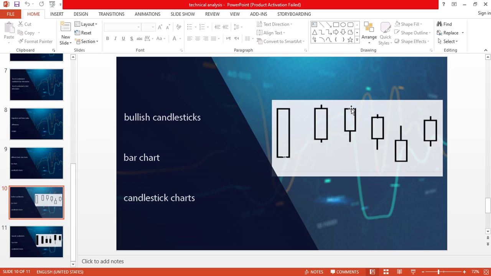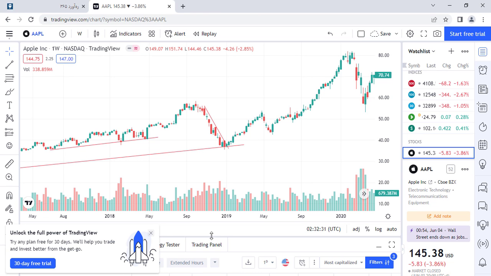Okay, and we have not shadow in upside of the candle, but in this candle we have a shadow here that shows a little more uncertainty in the market. In the charts, we can find a same candle here.